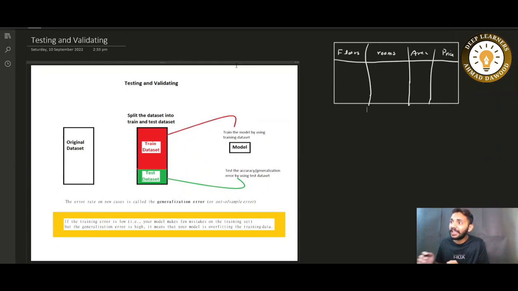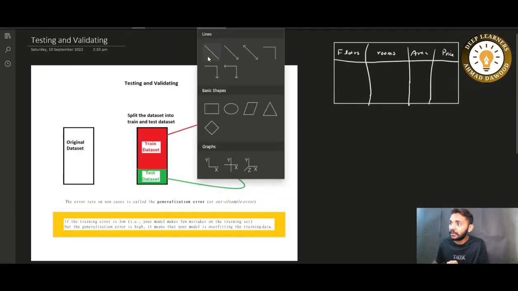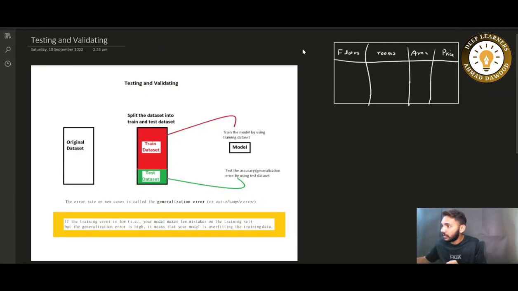So for that purpose, we usually split our data set. Usually we split our data set in this way, and we use one part for training. We consider that we just have this data set during our training.